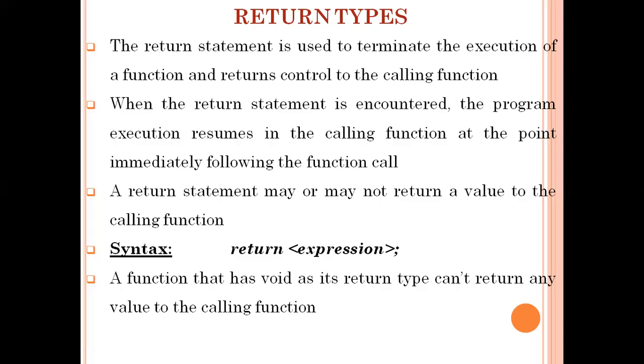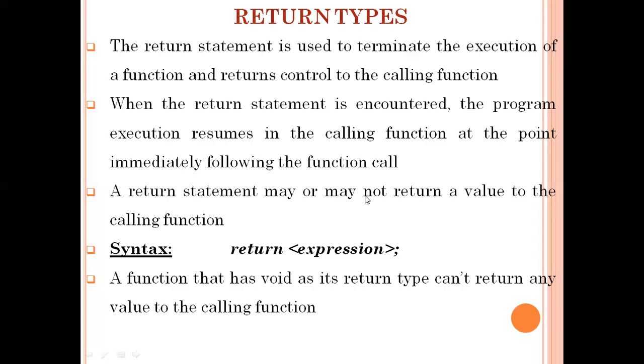Once the return statement is encountered in the body of the called function, the program control continues the execution of the calling function from the statement immediately following the function call statement. That is the main responsibility of the return statement.